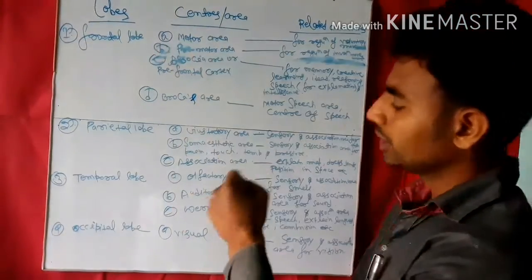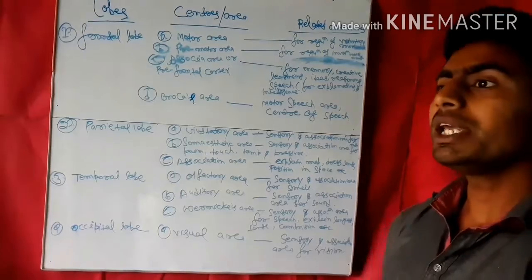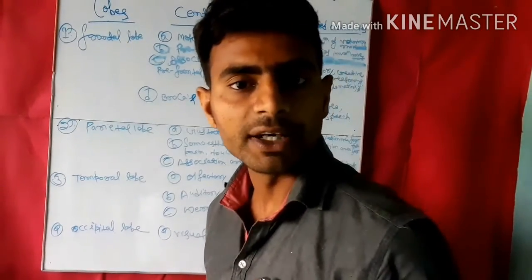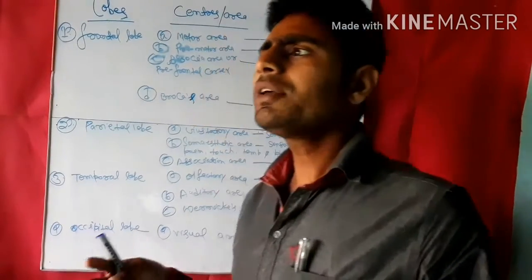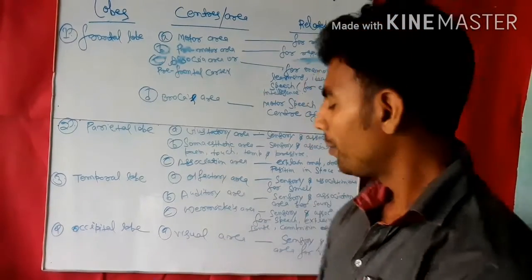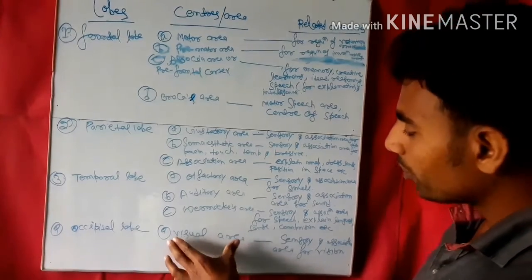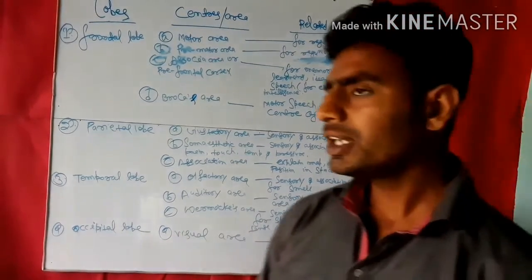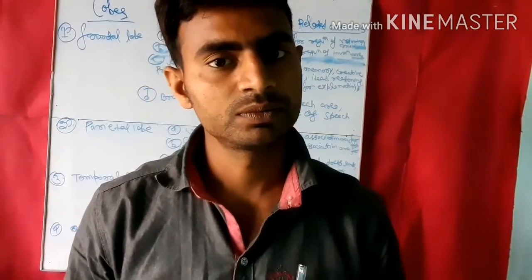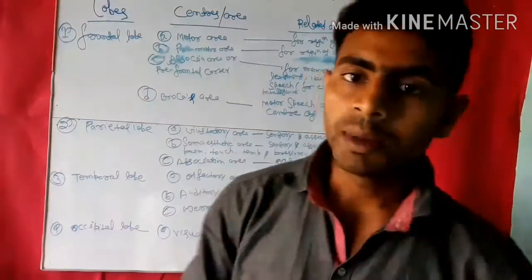And what are the related activities, what are the functions of this visual area? The activities of this visual area are the sensory and association area for vision.